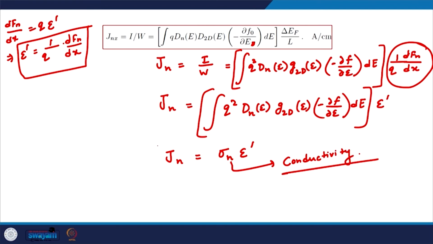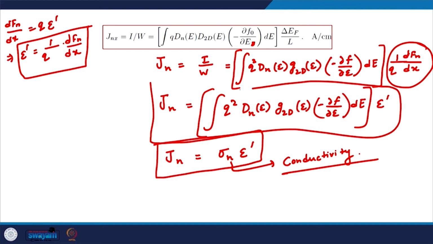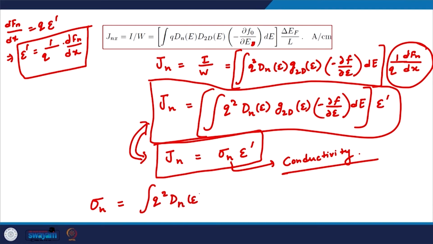And if we equate this classical expression with the expression that we have just derived for the current density, the electrical conductivity of electrons in the conduction band only is essentially the integral of q square dn G2D(E) minus del F by del E times dE.